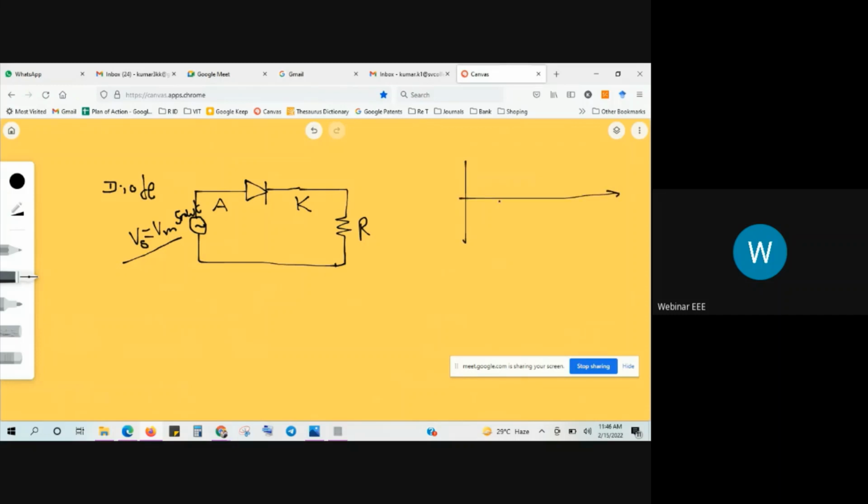Here we are giving input voltage Vs equal to Vm sin omega t, that is a sinusoidal waveform. This is 0, this is Vm, this is pi, this is 2 pi.